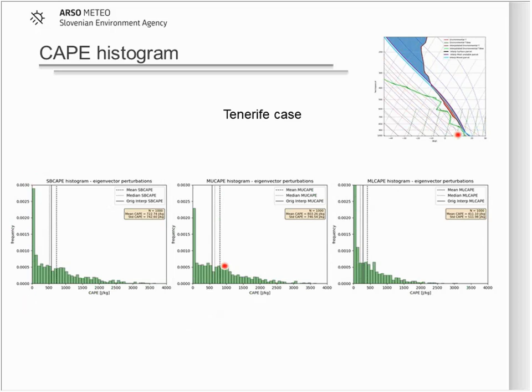So when we have small values of CAPE, we don't just get a little bit less or a little bit more with this perturbation, but we get either zero CAPE or some CAPE. We have a lot of cases where we simply don't get any CAPE. The information about the instability is lost here.